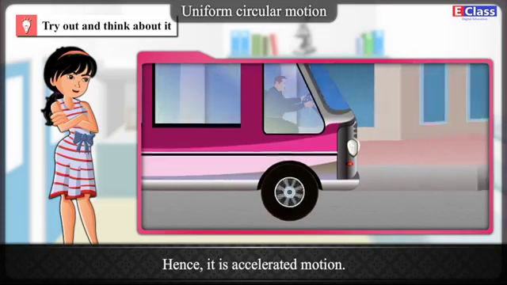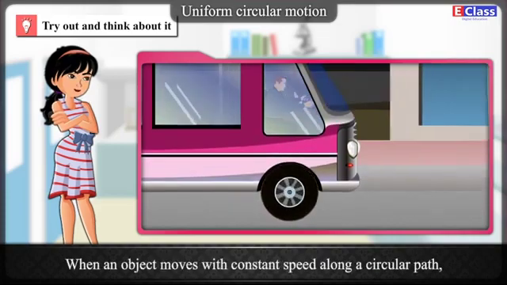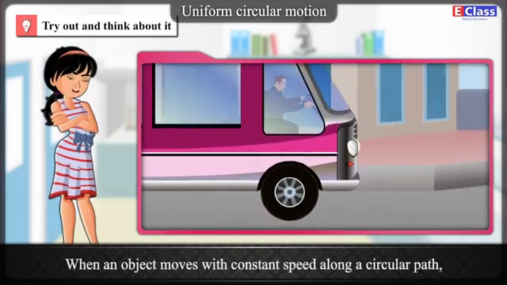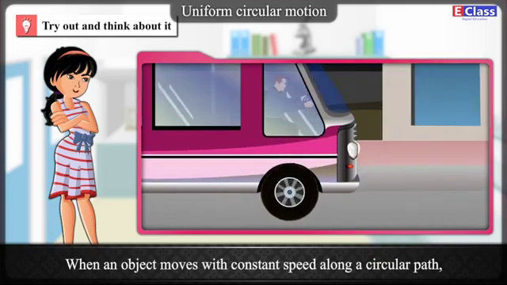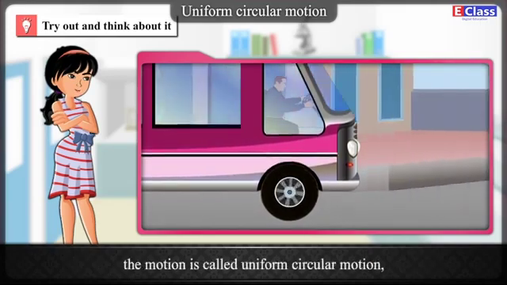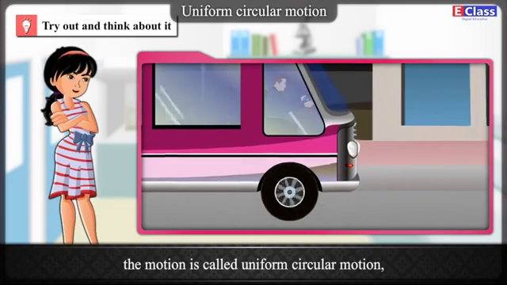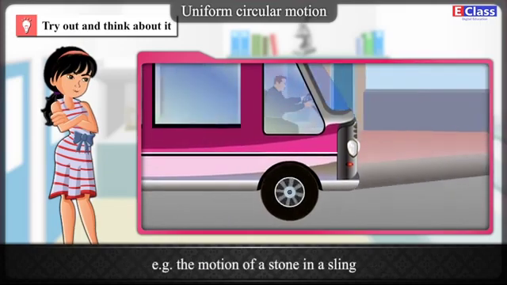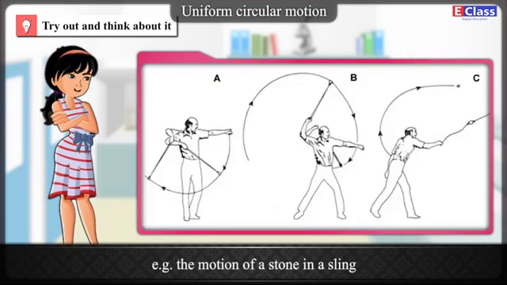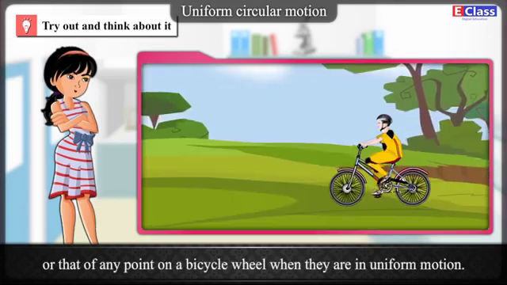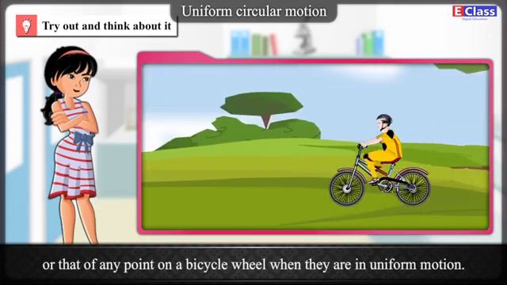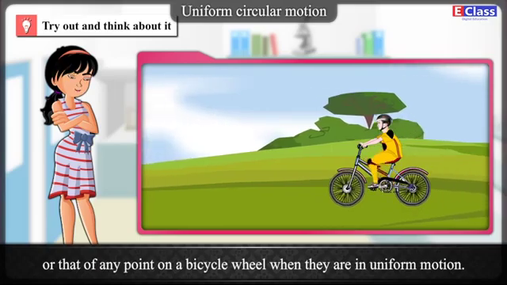Hence, it is accelerated motion. When an object moves with constant speed along a circular path, the motion is called uniform circular motion. Example, the motion of a stone in a sling or that of any point on a bicycle wheel when they are in uniform motion.